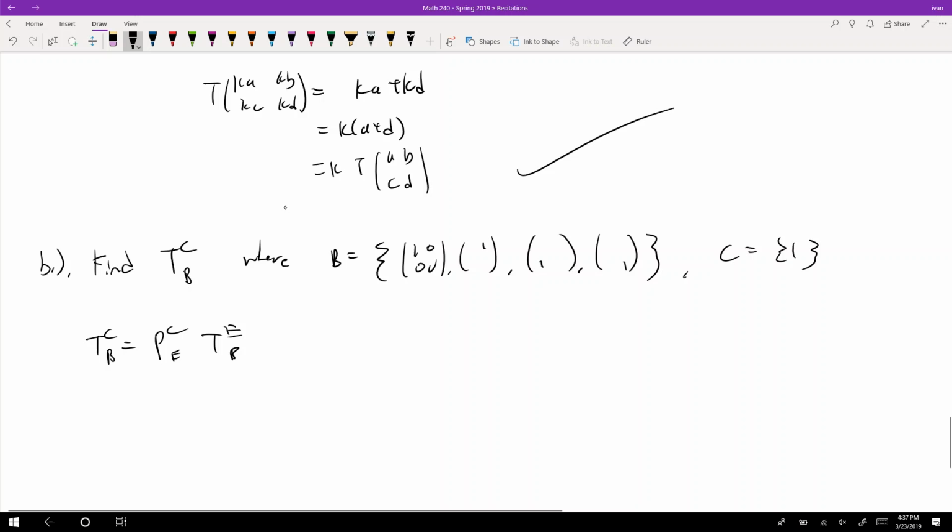Or another way to do this is to say that T_BC is the matrix where you apply T to V1 and express it in terms of basis C, T applied to V2 and express it in terms of basis C, etc. Right, so those two are equivalent. And in this case, V1, V2 are the basis B.